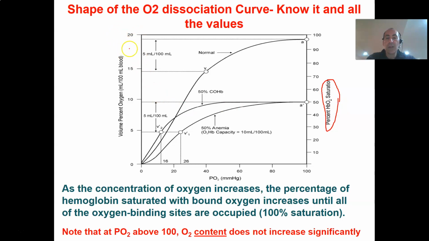You're rarely talking about the other, at least not at the superficial level. And the x-axis is the PO2 in millimeters of mercury. You'll notice that the main curve here, not these two, which are diseased, is a sigmoidal curve, right? So it would do this.